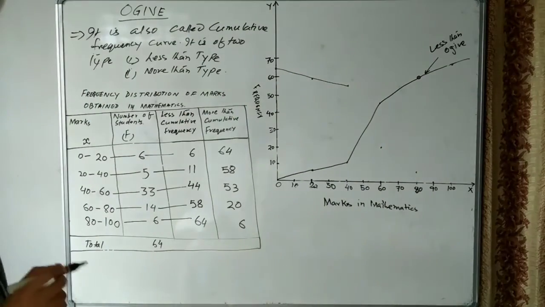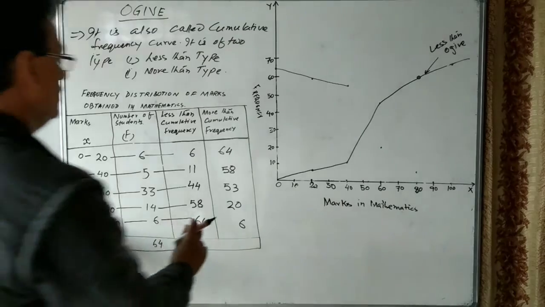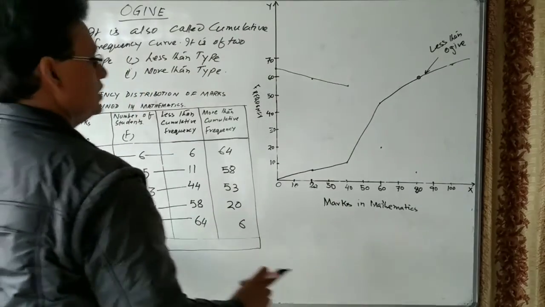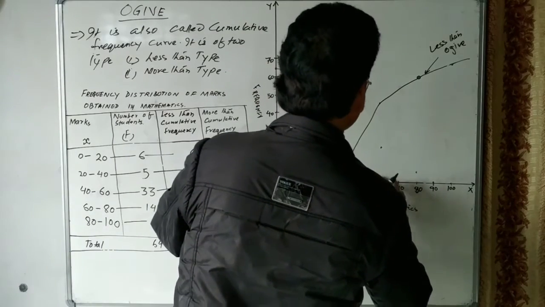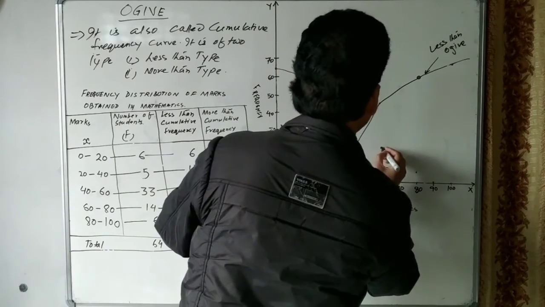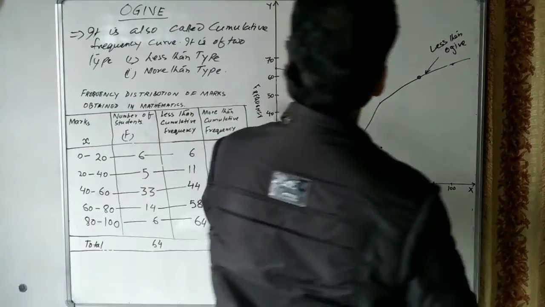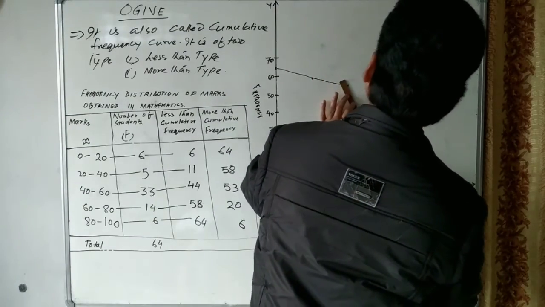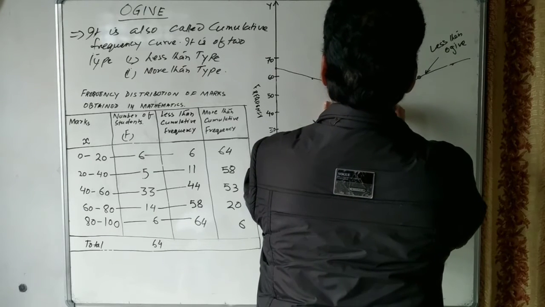Then 60 and 20. Suppose this is 60 and 20. We can join this.